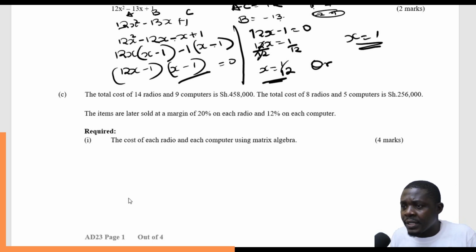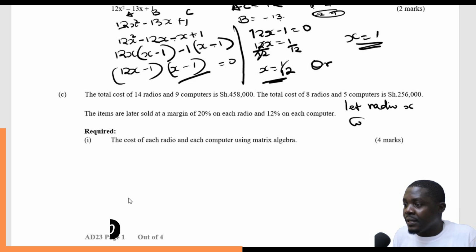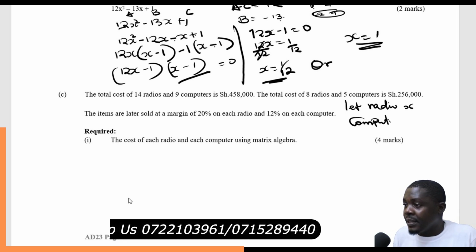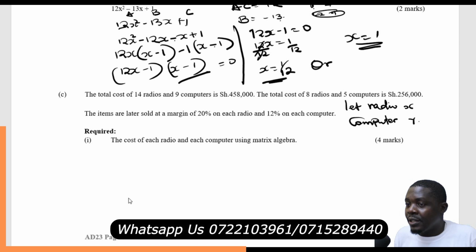Now let's formulate our variables. So we have radios and computers. I'm going to say the letter x for radios, and computers will assume the value of y. I don't want to use r and c.